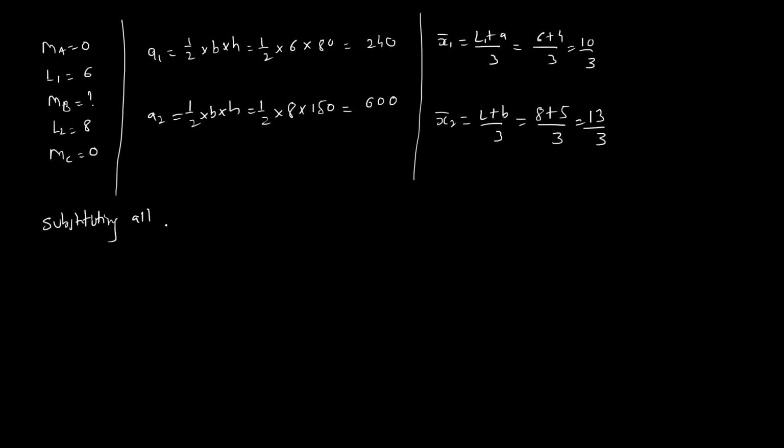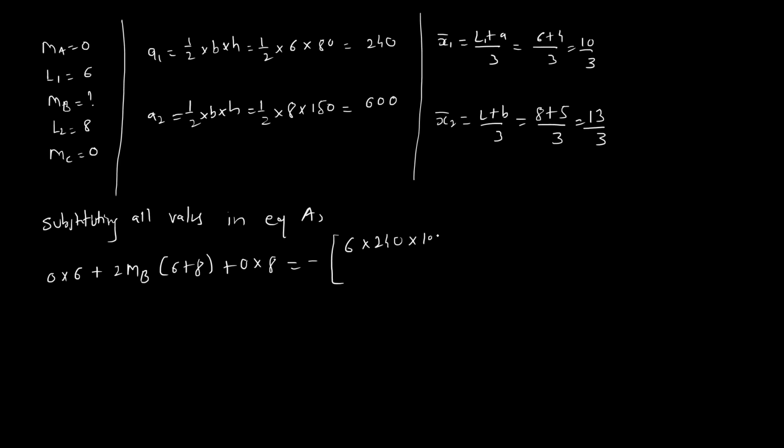Substituting all values in equation A, that is Clapeyron's theorem, we'll get 0 into 6 plus 2 Mb in bracket 6 plus 8 plus 0 into 8 is equal to minus 6 into A1 x1 bar by L1 plus 6 A2 x2 bar by L2.